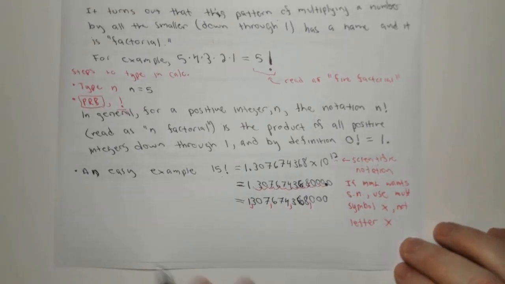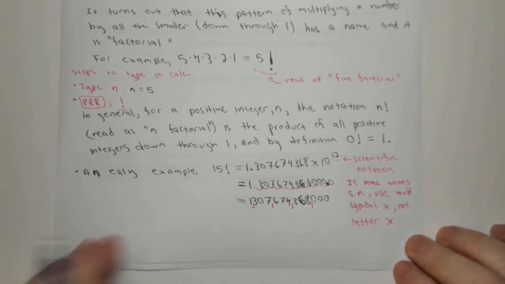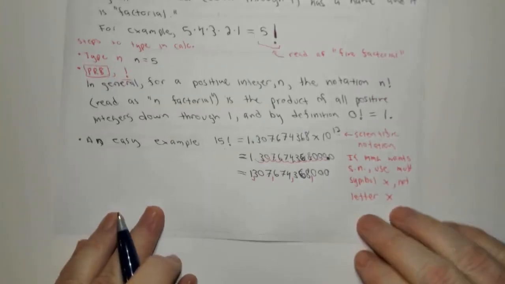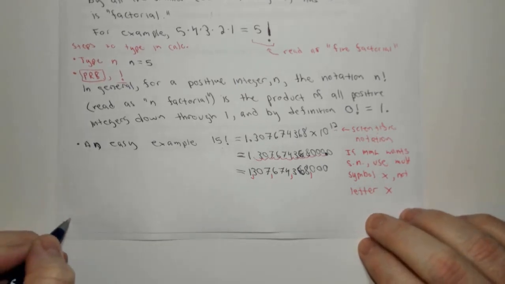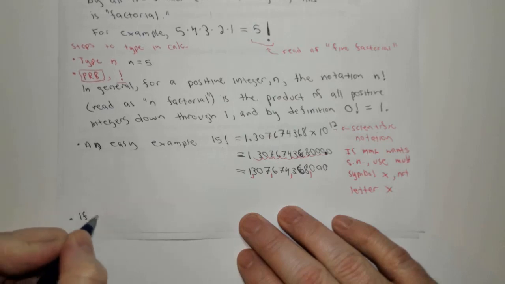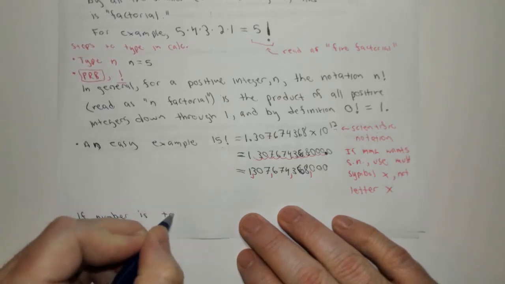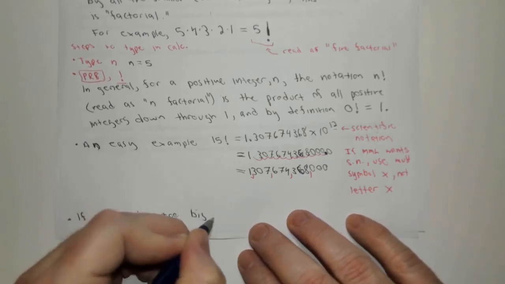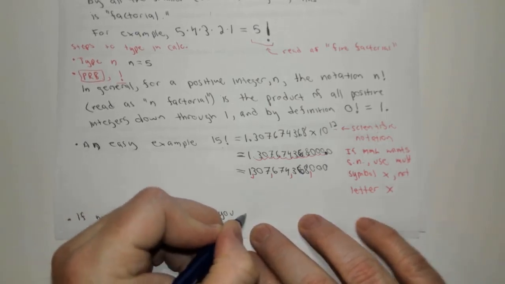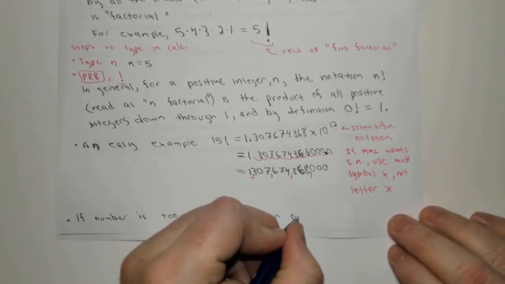Okay. Sometimes if the numbers are too large, you'll get an overflow error. So let me just write that real quick. If the number is too big, you get an overflow error.